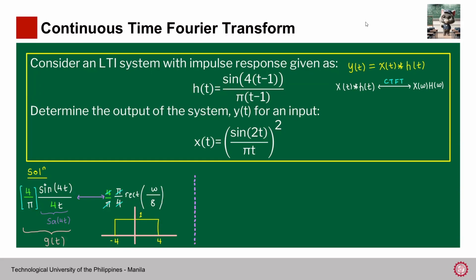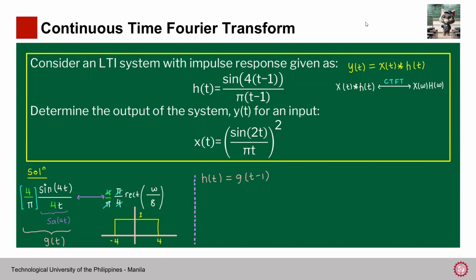So, ang kailangan natin is H of t, which is equal sa G of t minus 1. Yung original na given, ang kailangan kasi natin is yung time-shifted na G of t, kasi yung hinanapan natin ng Fourier transform, hindi pa yung time-shifted.